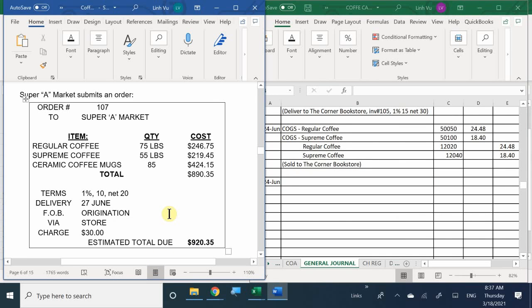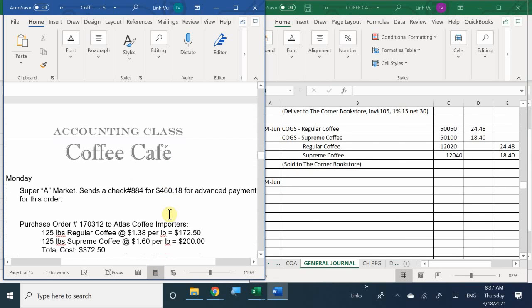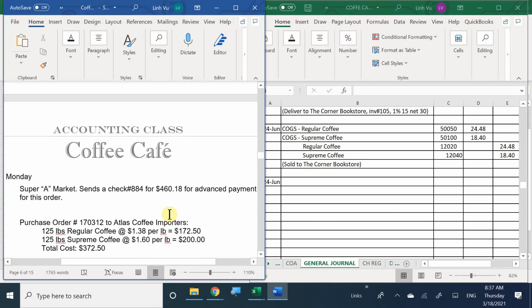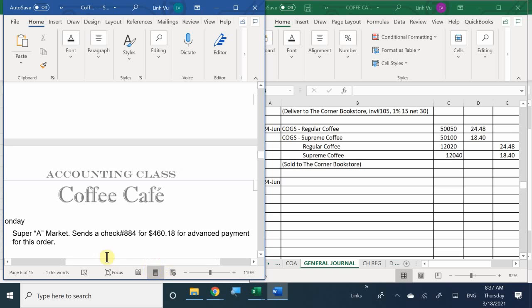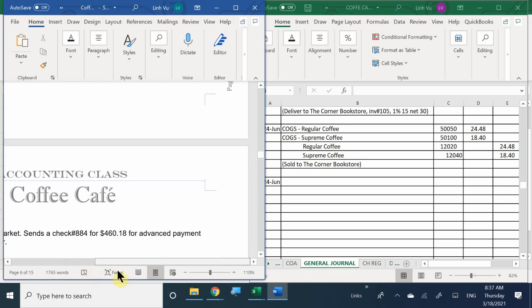Okay, so what was the advance payment for? Looks like half. They deposited for half.